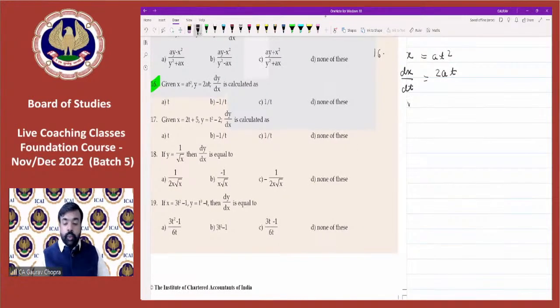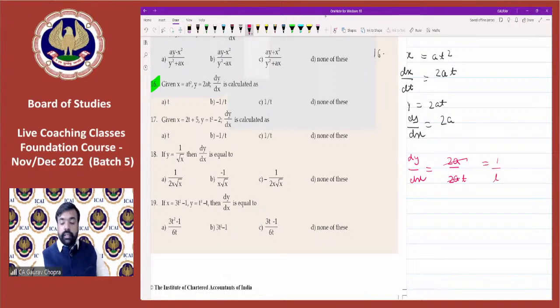Then y is equal to 2at is given. So dy by dt will become 2a. Now the final result for dy by dx. It will become how much? 2a upon 2at. So 2a will get cancelled. Final result will be 1 upon t. Final answer is 1 upon t.